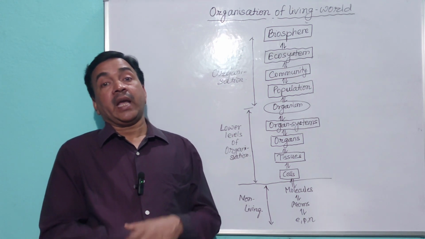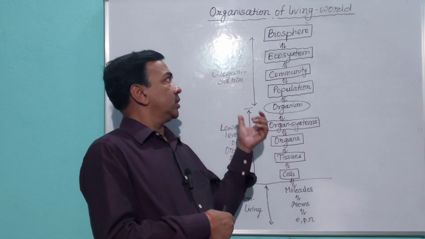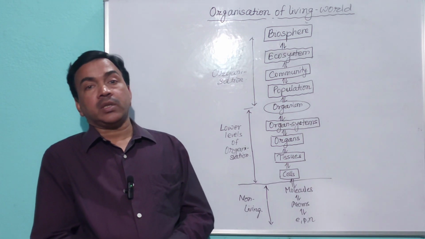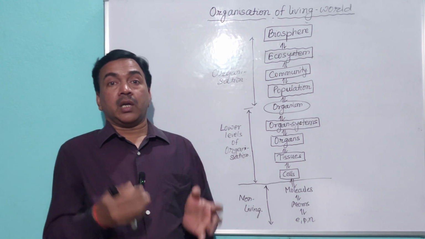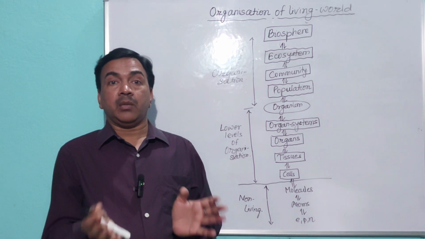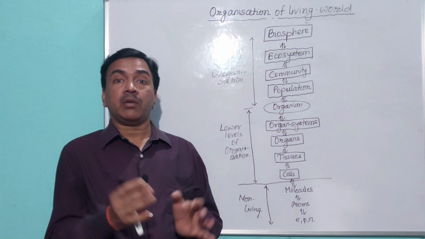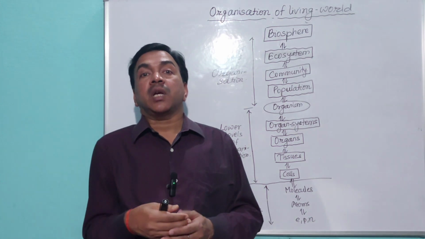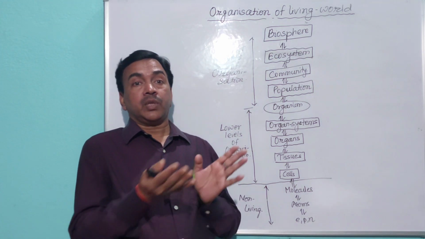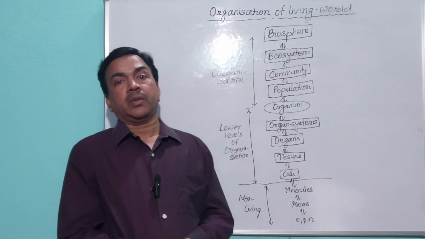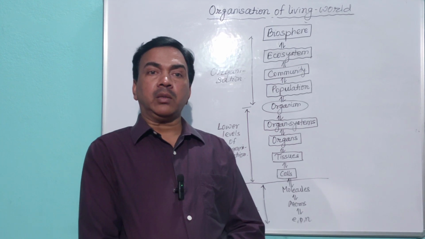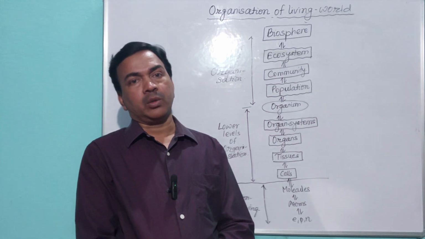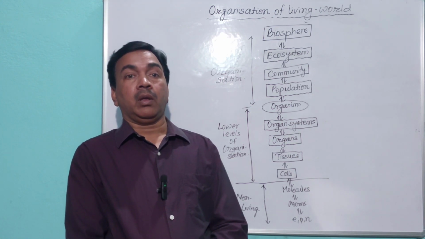Biosphere is an aggregation of different types of ecosystems in which the organisms, that is the living beings, the biotic factors, interact with each other and also with their physical environment. The part of the earth where life exists is called biosphere.